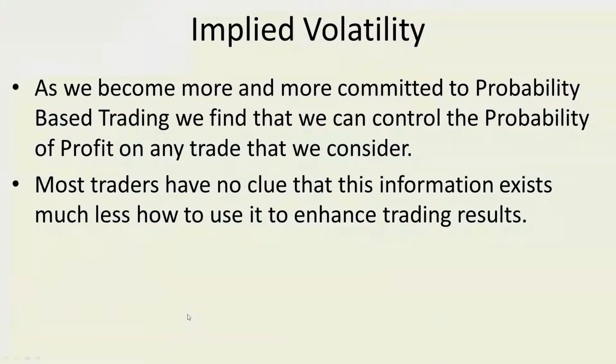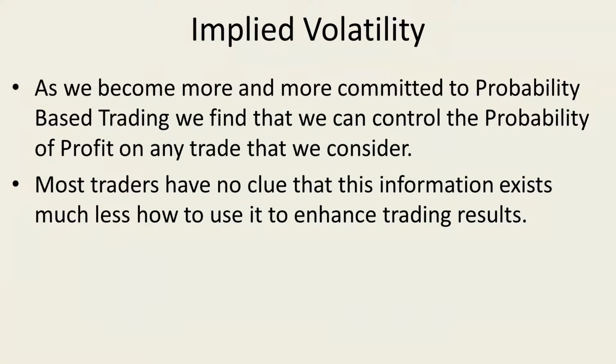Now, as I become more aware and more committed to probability-based trading, we find that we can control the probability of profit on any trade we consider. And we talk about that all the time. I talk about that individually with coaching clients, and I mention it in the room. We're always looking to collect a third of the width of the strike on a defined risk credit spread.